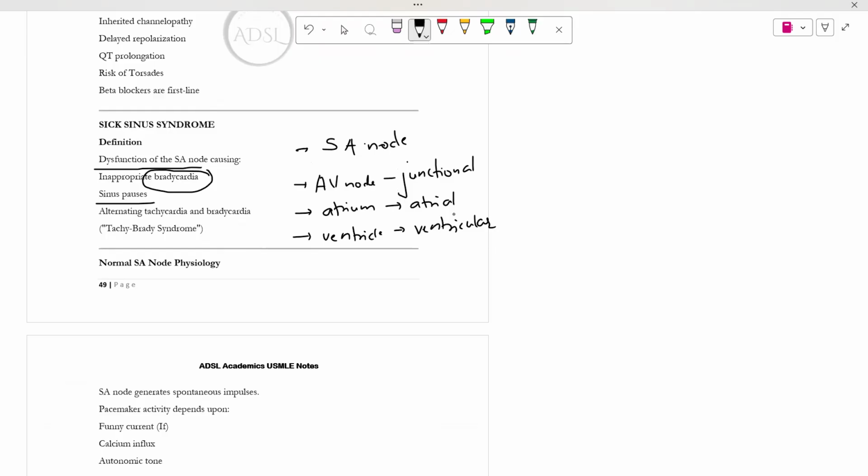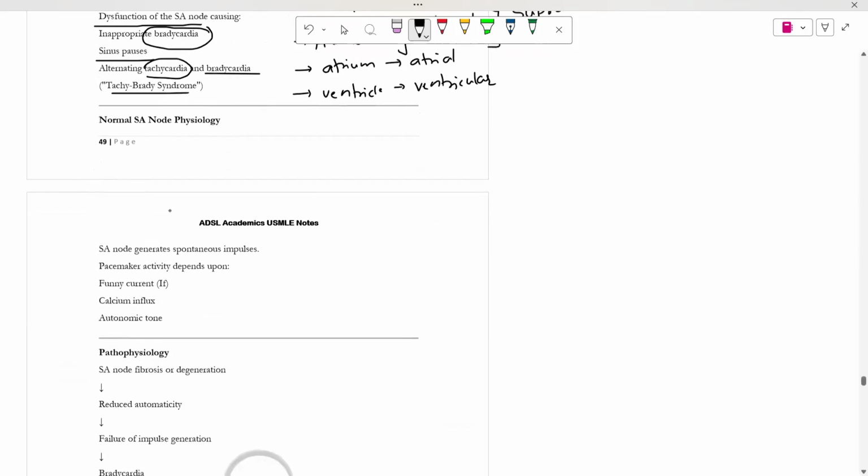And these three together become supraventricular. So if the SA node is not functioning properly, most of the time there is bradycardia, but sometimes there might also be tachycardia. So it is also called tachycardia bradycardia syndrome.